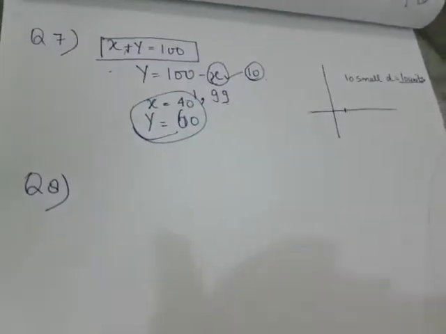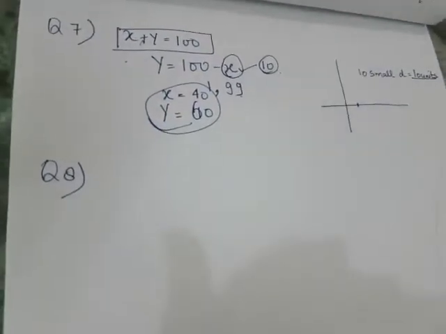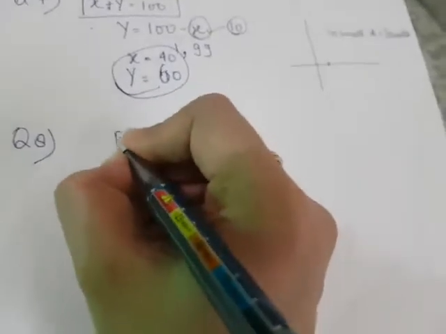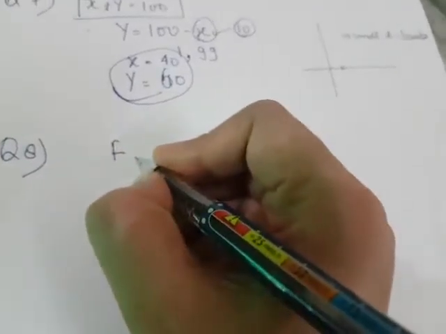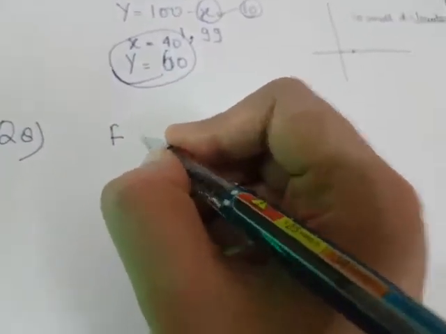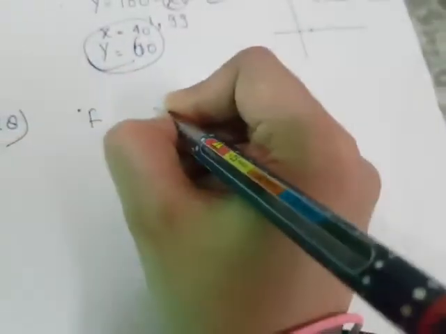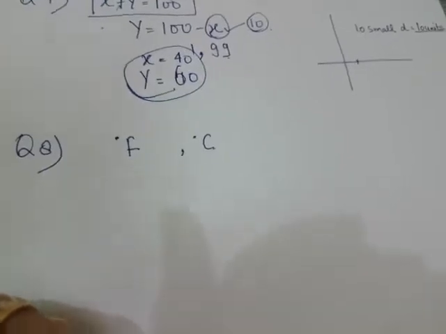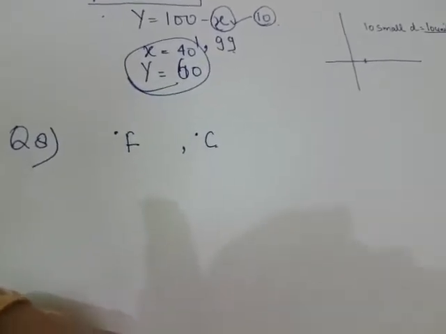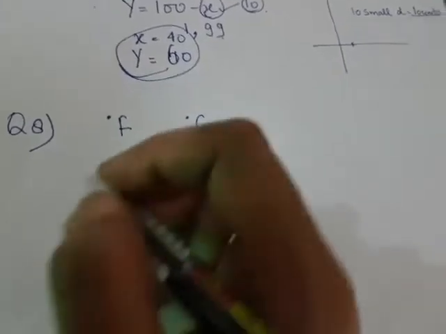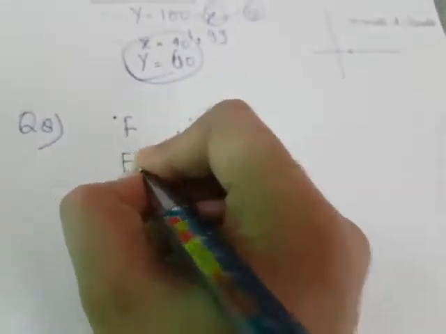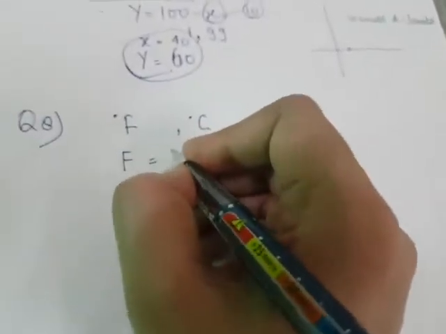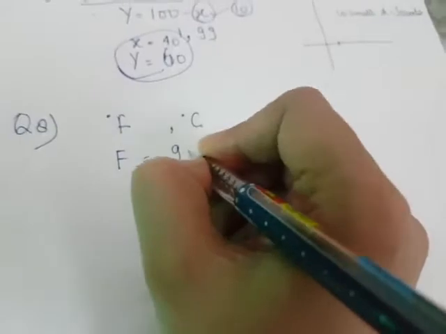Question number 8 is: in countries like USA and Canada, temperature is measured in Fahrenheit, and in countries like India, it is measured in Celsius. They have given how to convert Celsius temperature into Fahrenheit. This is the formula: how to convert if the temperature is in Celsius?